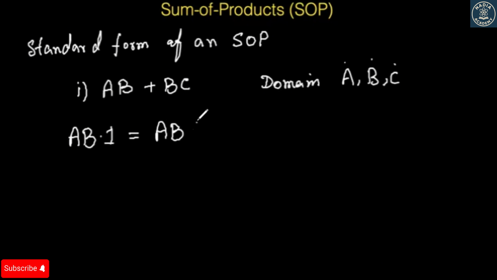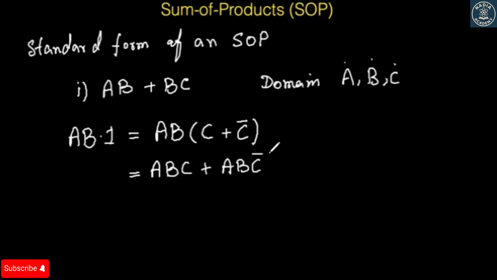And now you can see that if, for example, I multiply it with C plus C bar, because C plus C bar is also equal to 1, then this single product term will change into ABC plus ABC bar.